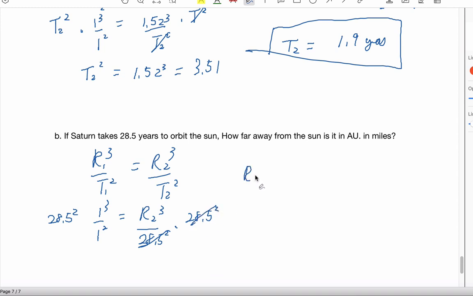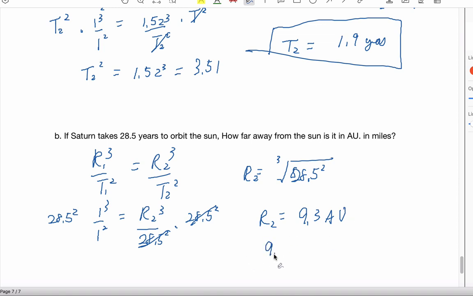And so we're going to get, let's be careful, R2 is going to be the cube root of 28.5 squared. And when we actually get that distance, we're going to get about 9.3 AU. Now, let's get that in miles.